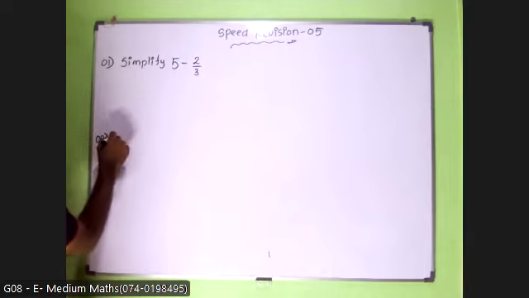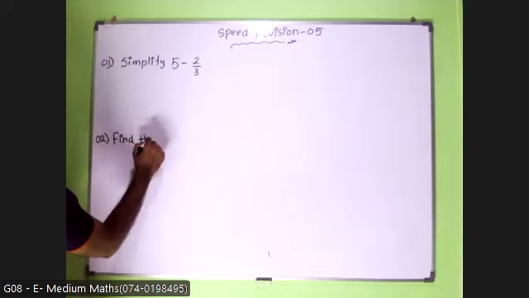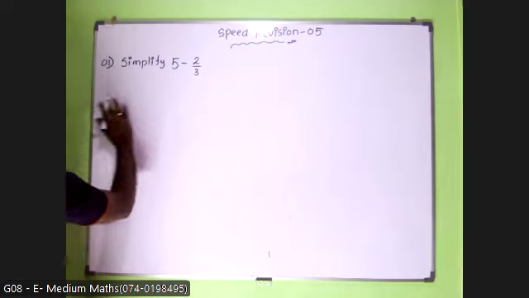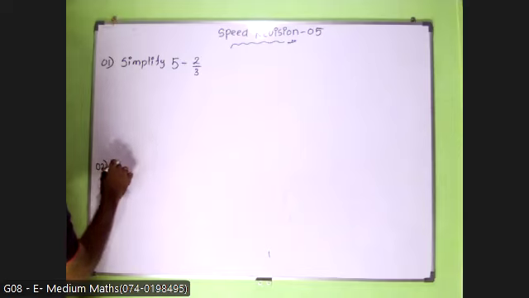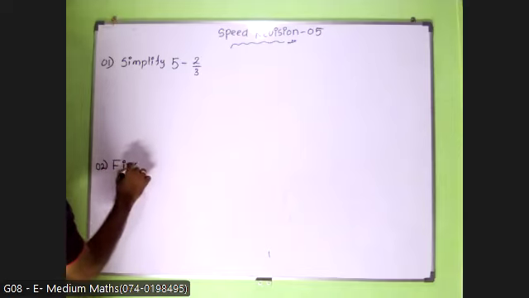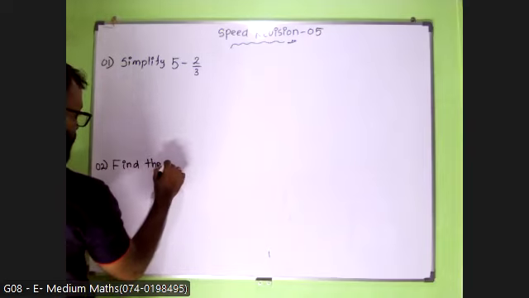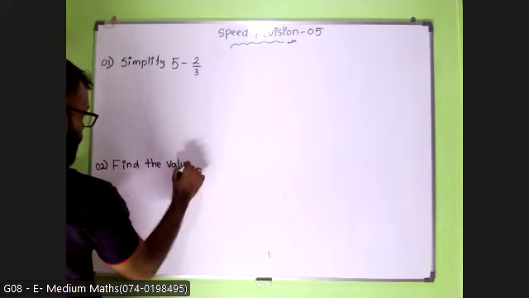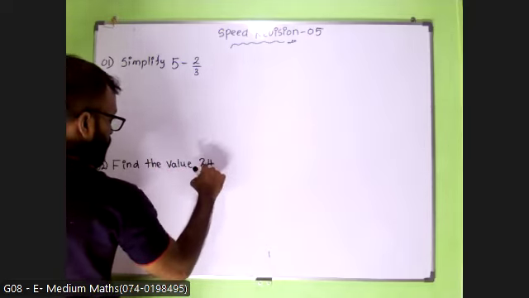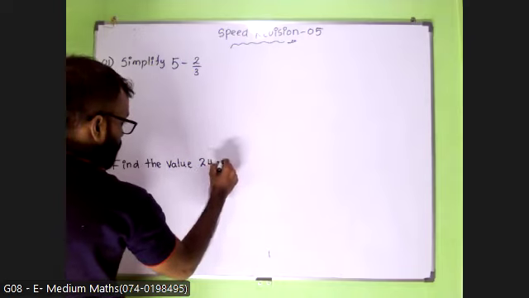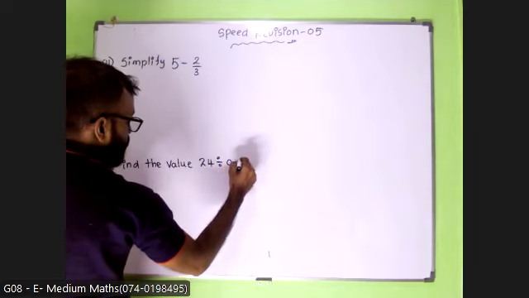Second one. Find the value. 24 divided by 0.06.